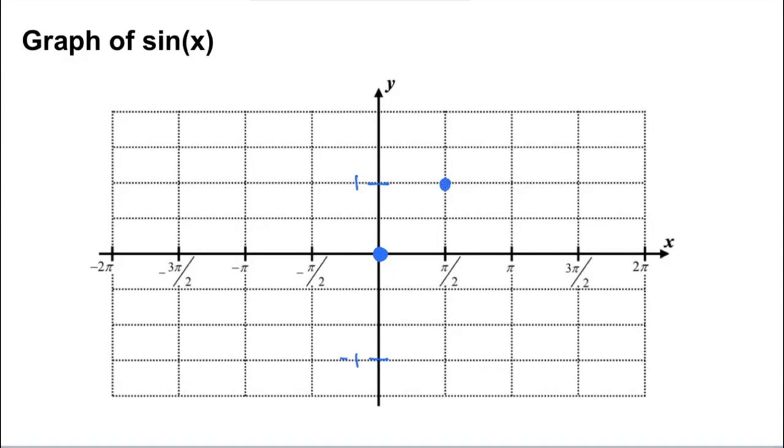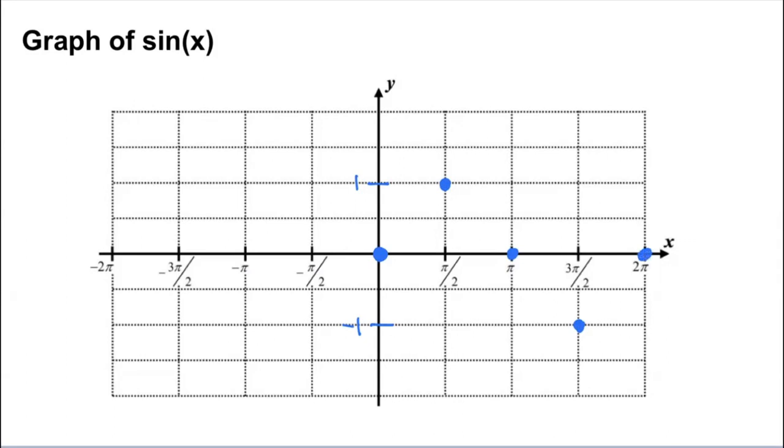At pi, sine of pi is 0. And at 3 pi over 2, sine of x is going to be -1. Oh, I actually drew that a little further down. So let me be consistent with my scaling. We're going to be right here. And sine of 2 pi is also 0.